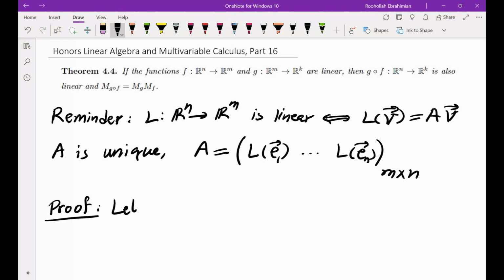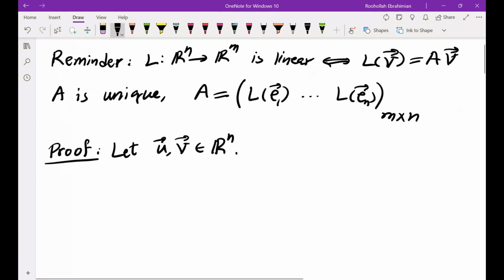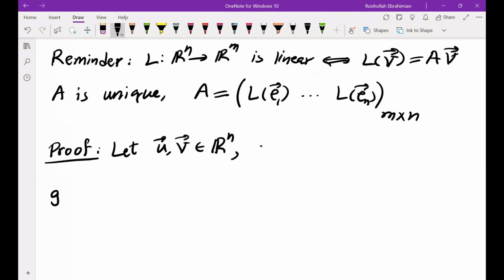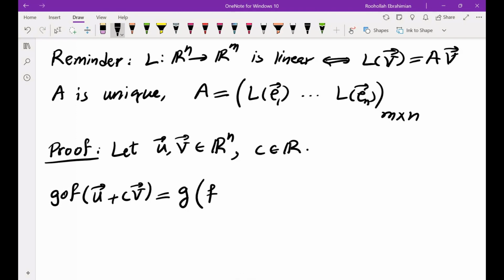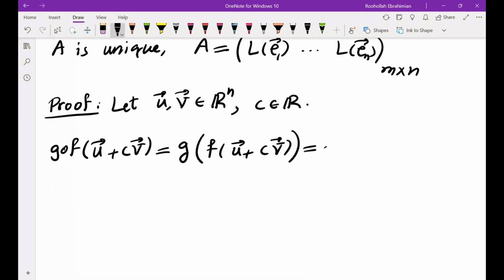So let u and v be two vectors in Rn, and take some scalar c. I'm going to look at g∘f of u plus cv. So what is the composition? The composition is g of f of u plus cv. That's just by definition of composition.